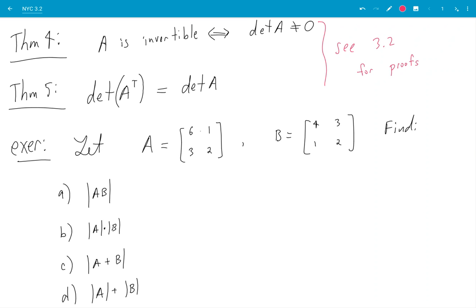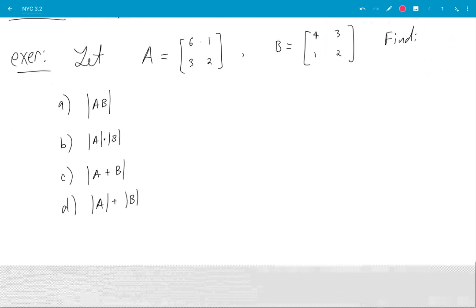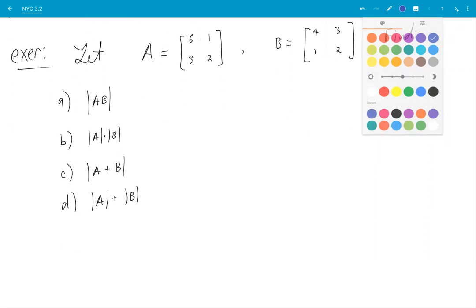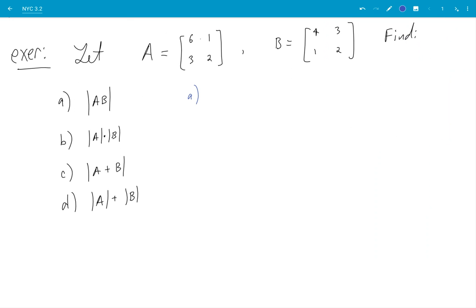Let's see. So part A, what do I get? What is A times B? A times B: 24 plus 1 is 25. 18 plus 2 is 20. Hope I don't make a mistake. 12 plus 2 is 14. 9 plus 4 is 13.